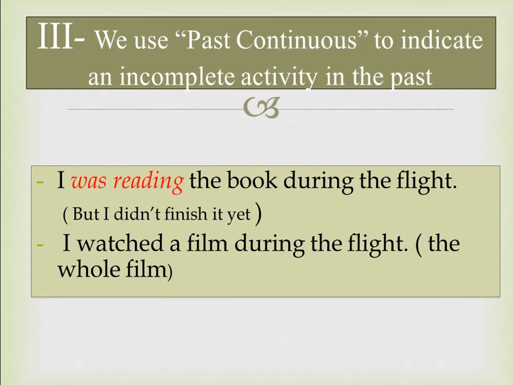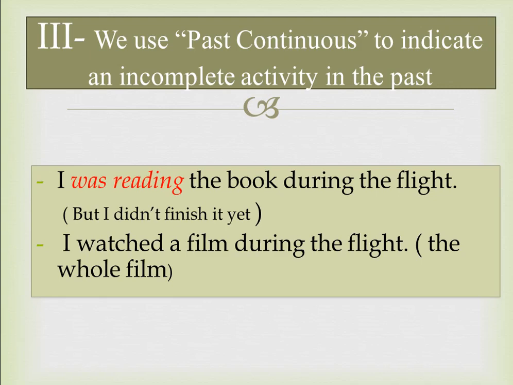Okay, sorry. This is the third use of past continuous, and we use it to indicate an incomplete activity in the past. For example, I was reading the book during the flight, but I didn't finish it yet. So we use it to indicate an activity that is not complete yet in the past.